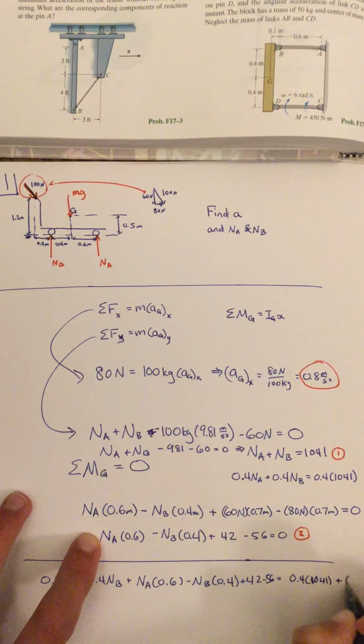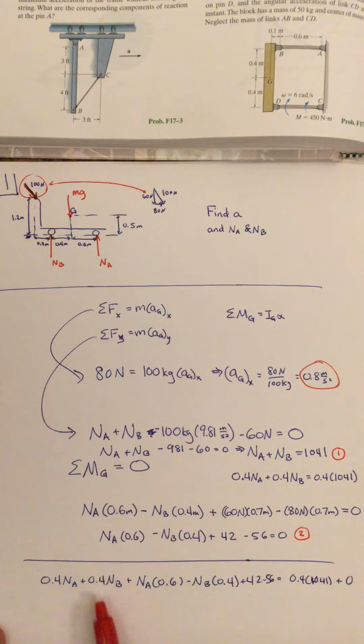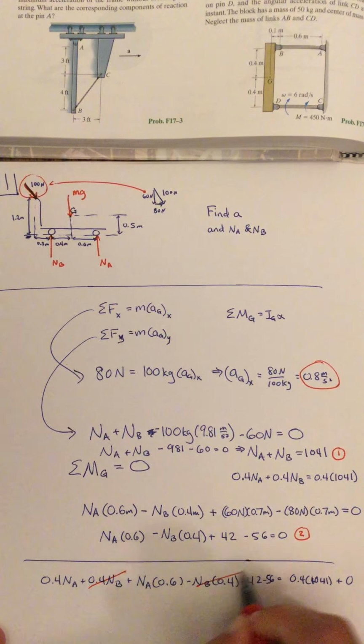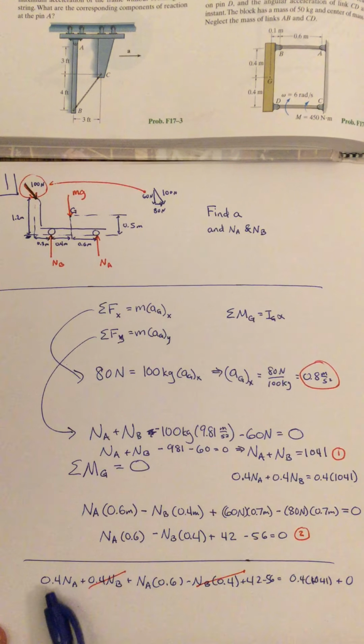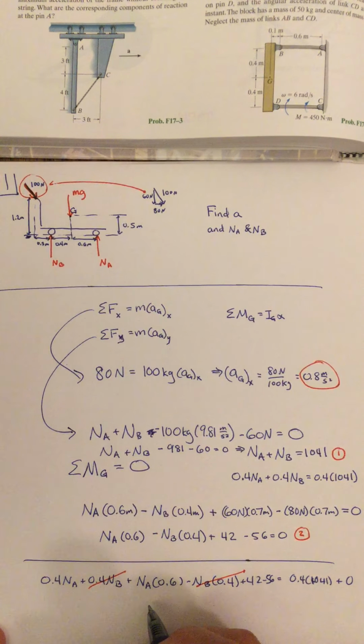But this was just 0. Then I have plus 0.4 NB minus NB times 0.4. So those cancel out. 0.4 plus 0.6 is just 1. So this is NA. And 42 minus 56 is negative 14.